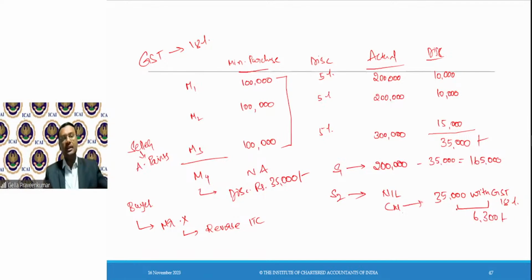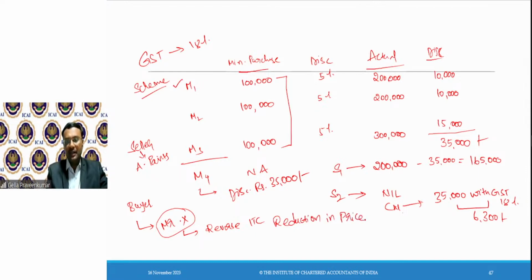So here, the provisions say that because in month one a scheme was announced, as per the scheme this particular customer, Mr. X, is entitled to a reduction in price. Now, if you carefully examine scenario one, from 2 lakhs I reduced 35,000. Is this 35,000 not a reduction from 2 lakhs?